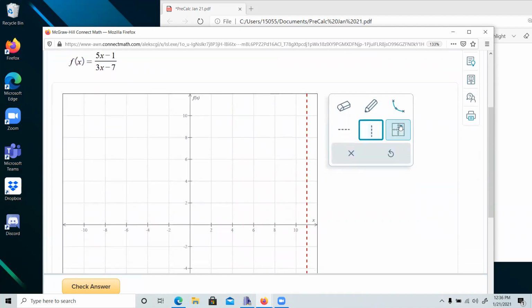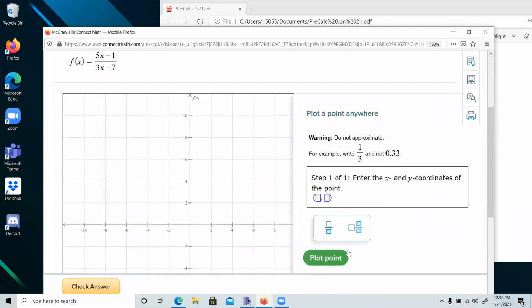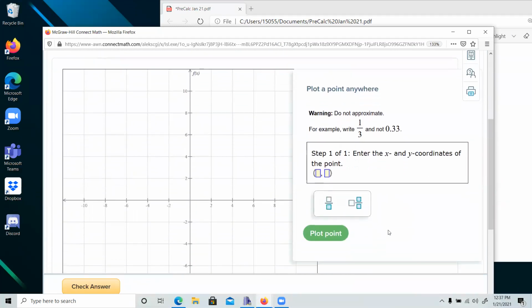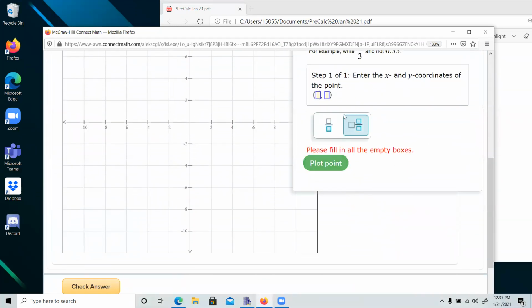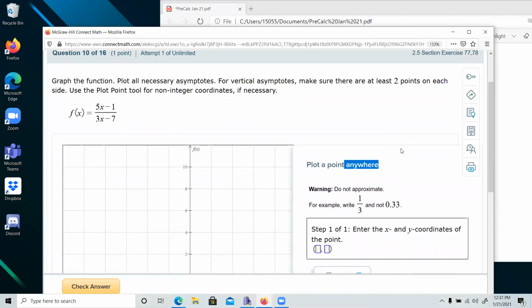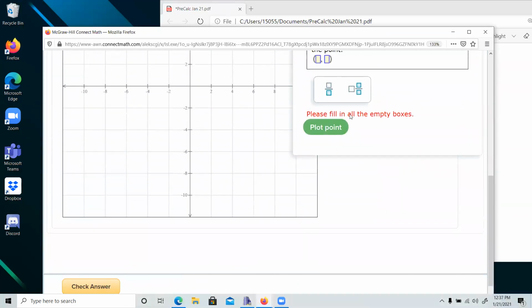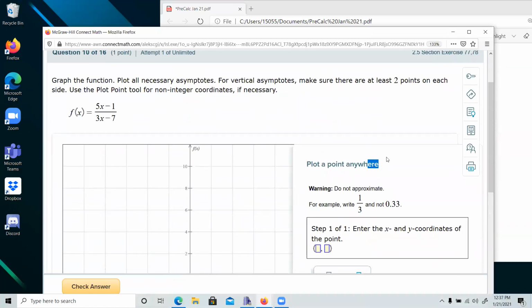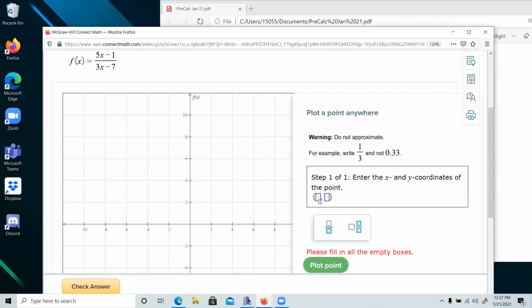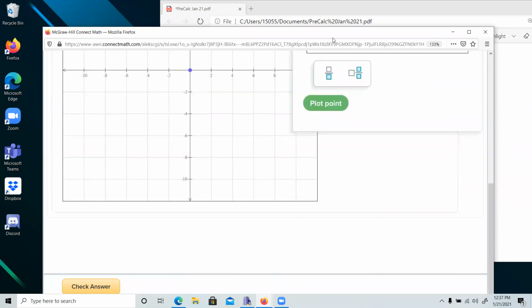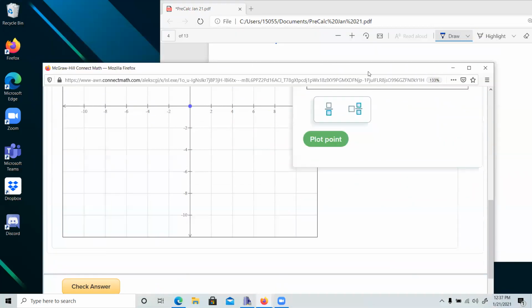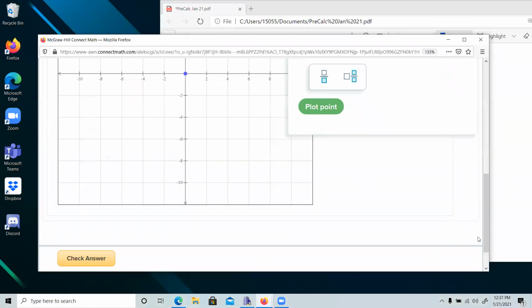Did I get the right number? I wonder if they'll let me do it this way. No, that's a point. They don't want to do that. Oh, please, I don't want to fill in the empty boxes. Oh, wow. Okay. Let's just put something in here, and we'll say 0, 0, even though I know it's not true. I'm not used to a laptop yet.